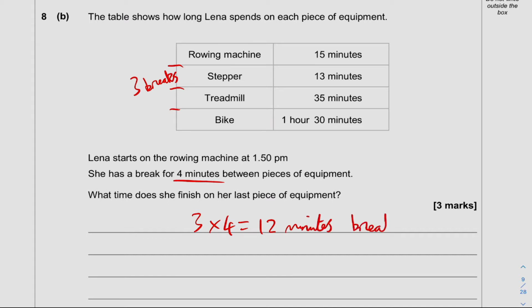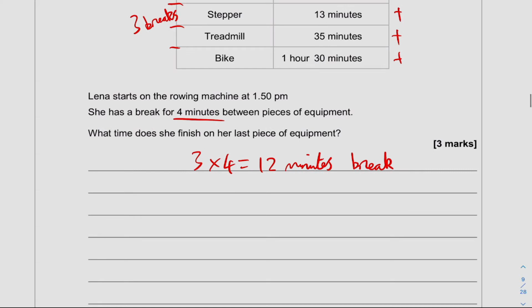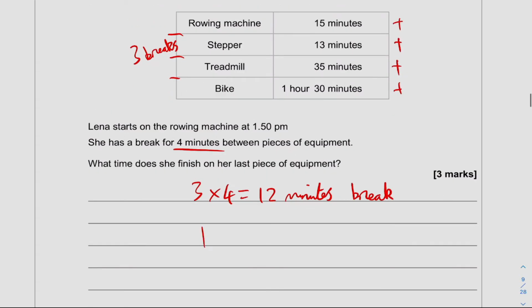break in total, and then all we need to do is add up all of these durations for each piece of equipment. So we'll keep it in hours as well, so we've got 1 hour 30 mins plus 15 minutes plus 13 minutes plus 35 minutes, okay.